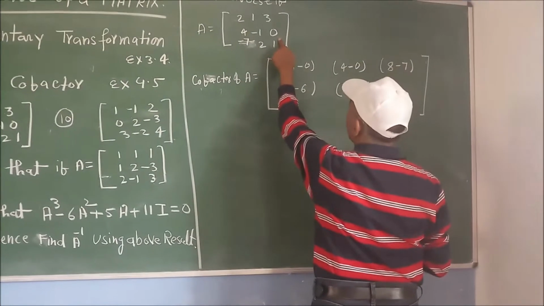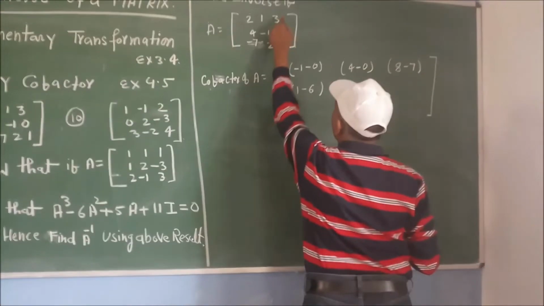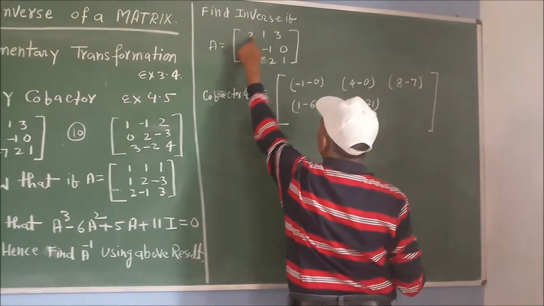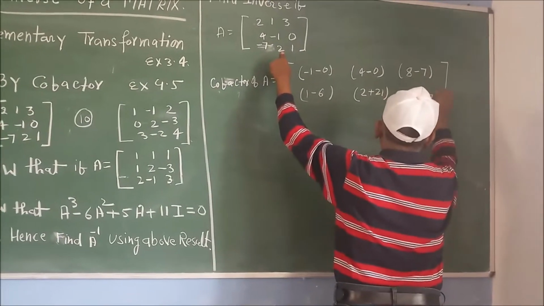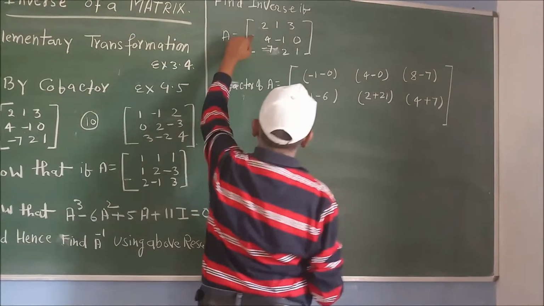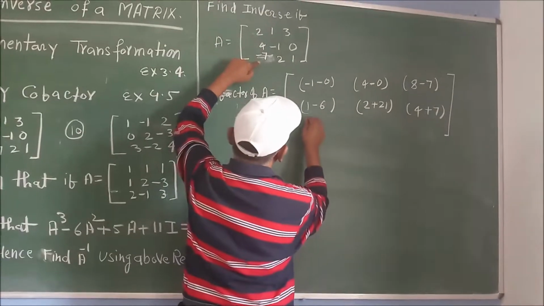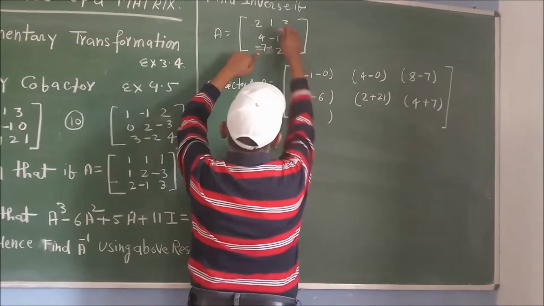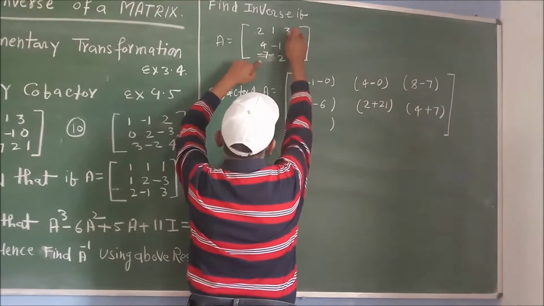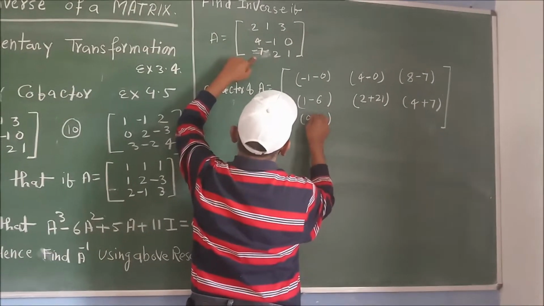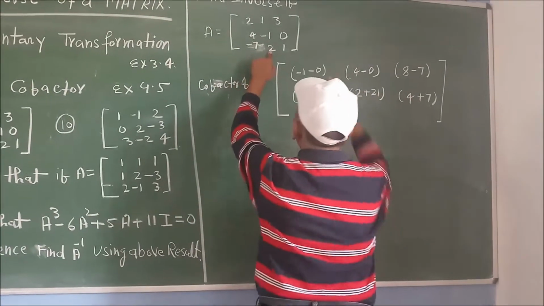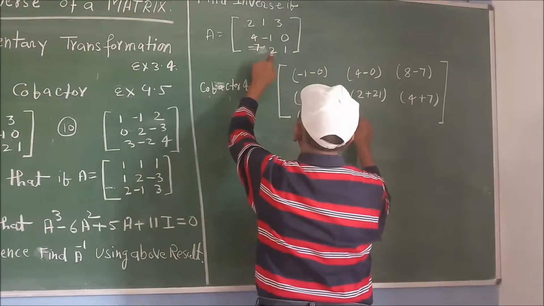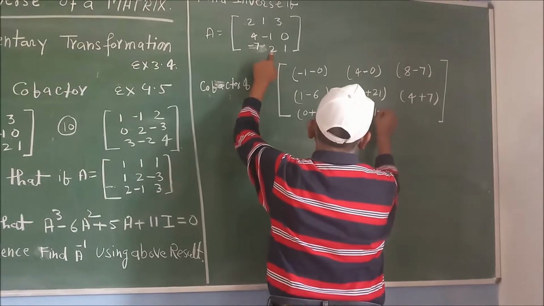Again, cofactor of 0, cancel R2 and C3, so you will get 2 into 2, 4 plus 7. After that, cofactor of minus 7: this can be written as 1 into 0 minus 1 into 3, so 0 plus 3. And cofactor of 2, you can write 2 into 0 minus 12.